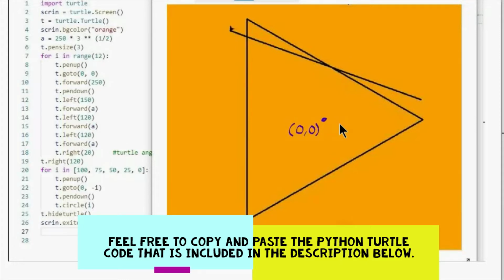Now, to draw this triangle here, what we need to do is I will first draw a generating line from 0, 0 here up to one corner of the triangle, and the length of this generating line is 250.